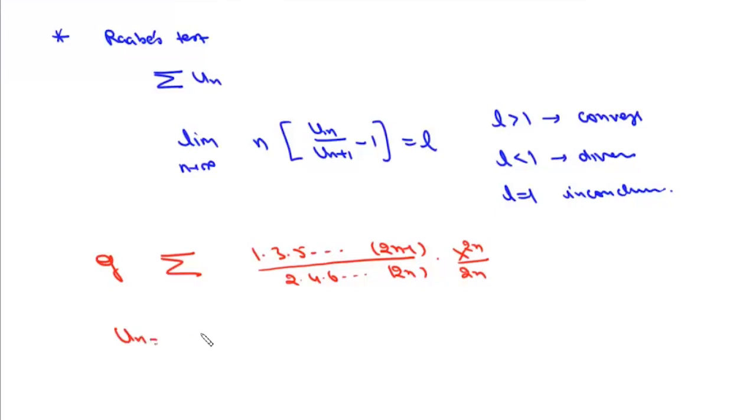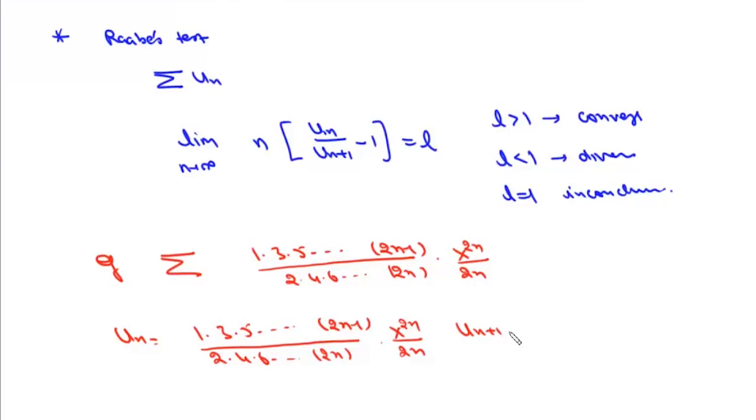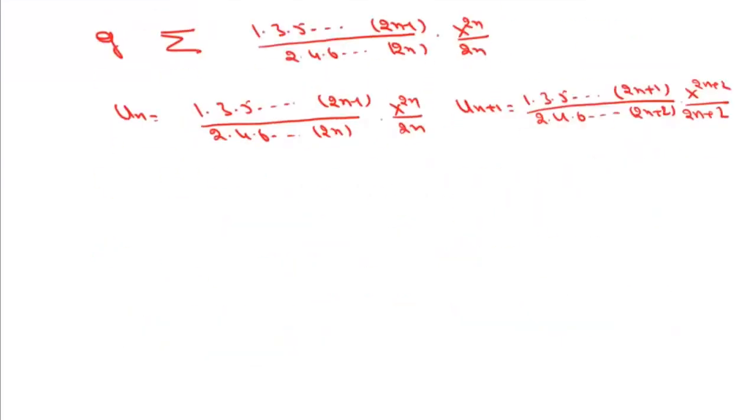Now in this case, un is 1, 3, 5 up to 2n minus 1 upon 2, 4, 6 up to 2n, x to the power 2n upon 2n, and un plus 1 will be this 1, 3, 5 up to 2n plus 1 upon 2, 4, 6 up to 2n plus 2, x to the power 2n plus 2 upon 2n plus 2.